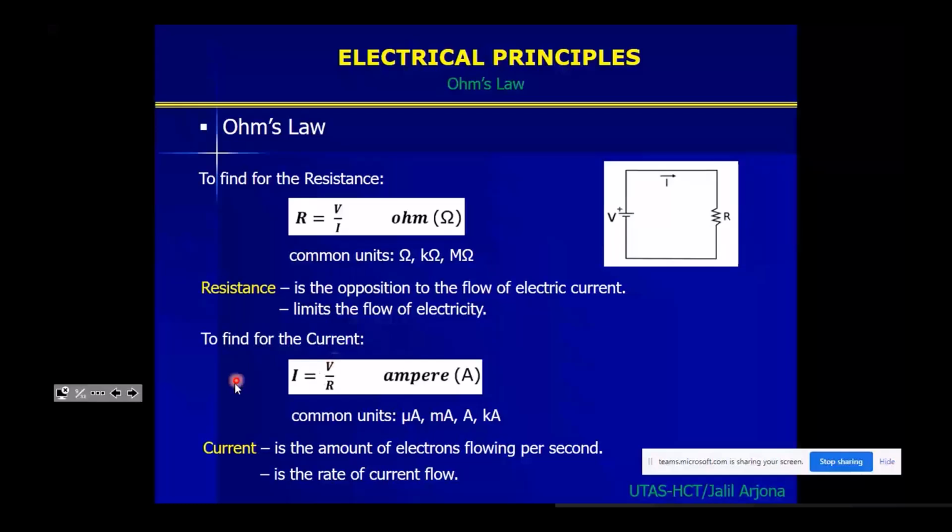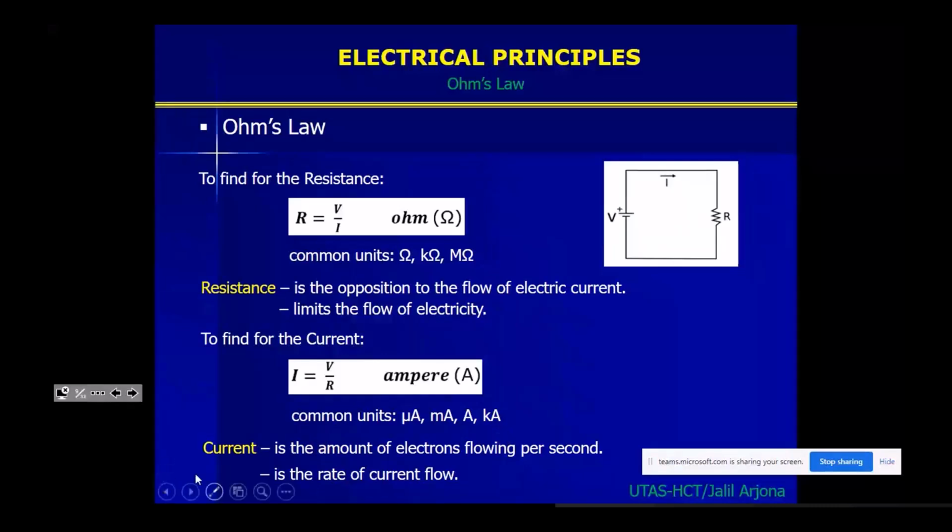Now, how about finding the current? You just simply cross multiply I and R, so you get this one. The unit of current, or the rate of current flow, will be ampere. You have common units here: microampere, milliampere, amperes, kiloamperes.